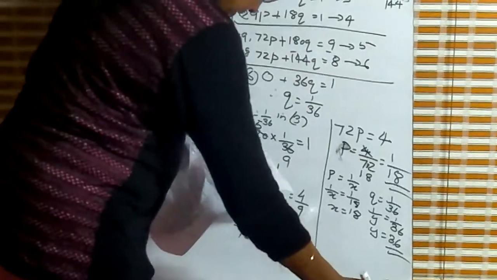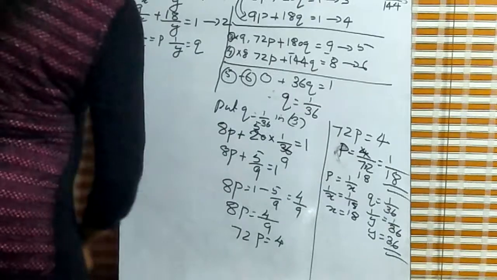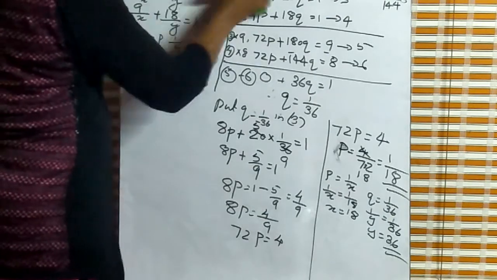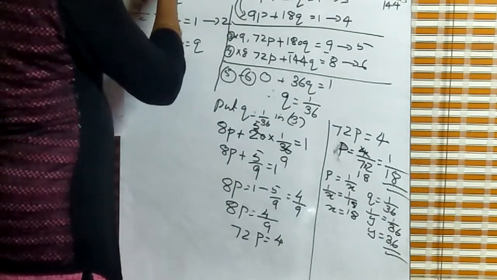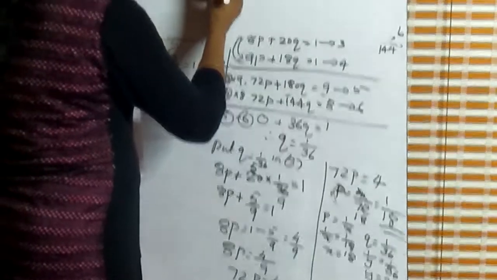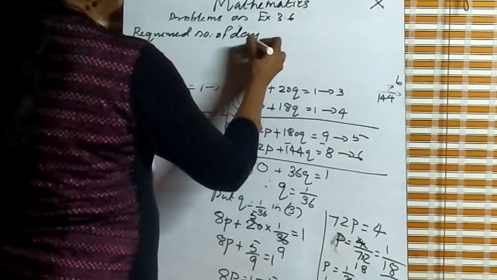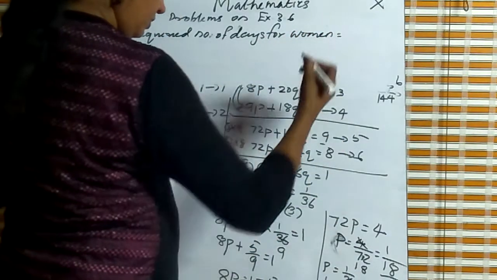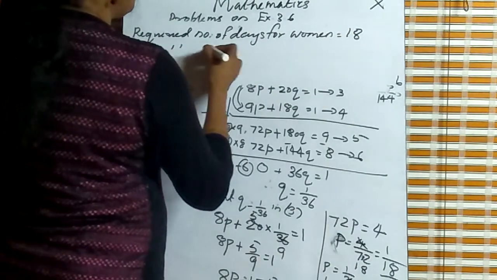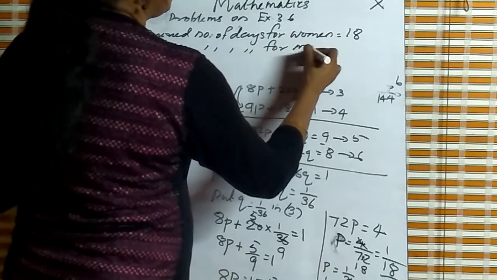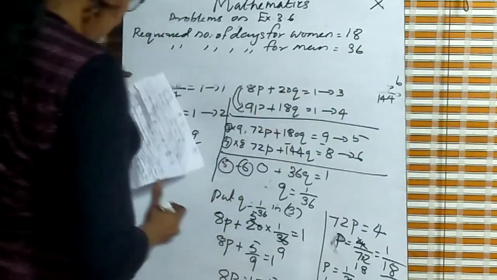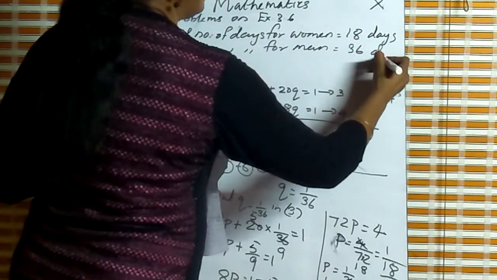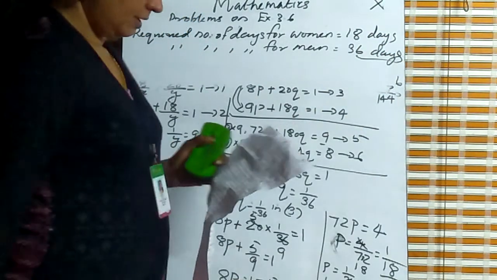Therefore, the required number of days for a woman is 18 days and for a man is 36 days. Thank you.